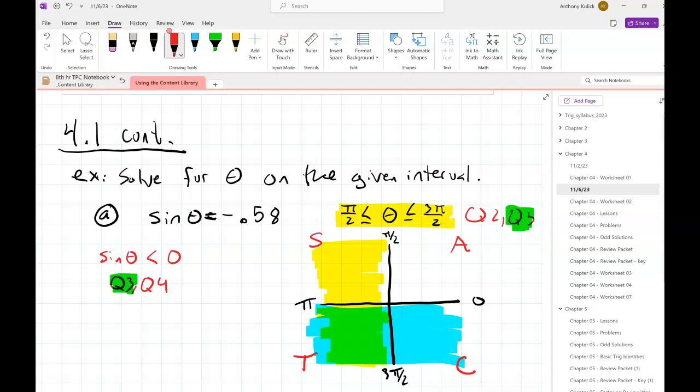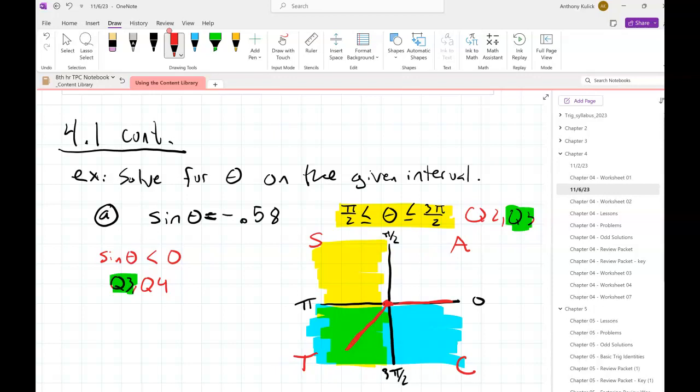Okay. So what I'm going to do now is draw a picture of my angle theta. The initial side goes on the positive x-axis, and the terminal side is going to go somewhere in quadrant 3. Does it matter where in quadrant 3 I put that terminal side? Not really.